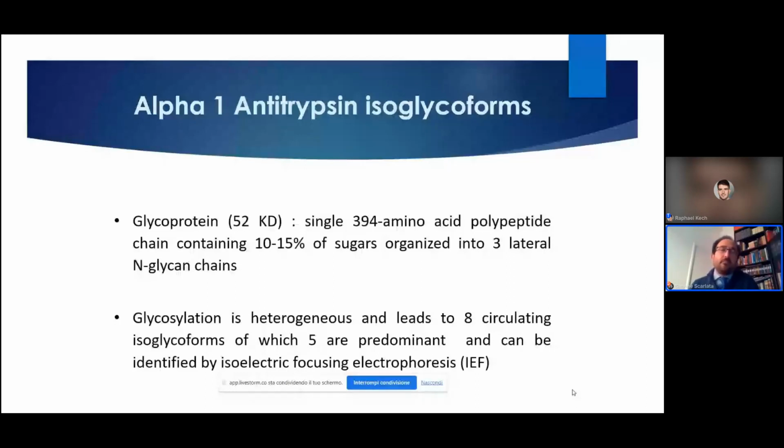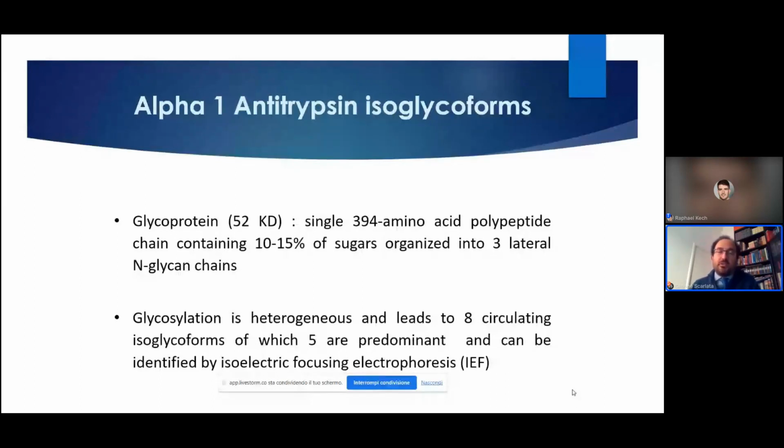Remembering that alpha-1 antitrypsin, again, is a glycoprotein made up of 394 single amino acids that are organized into three lateral glycan chains. The glycosylation of the protein is very important in understanding how isoelectric focusing may be used in this situation.